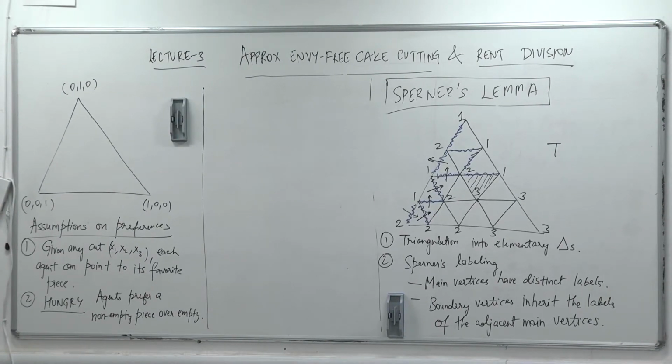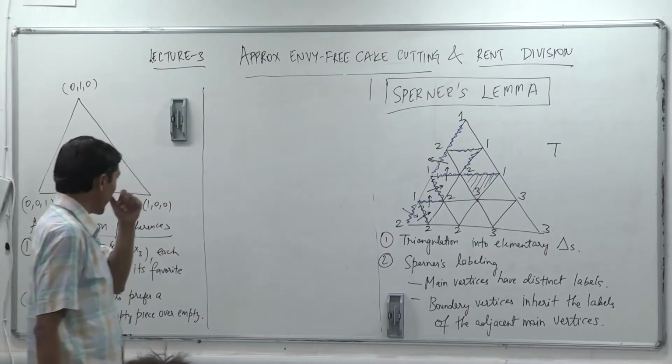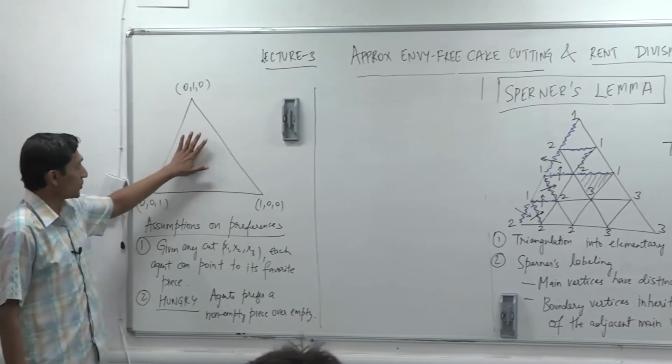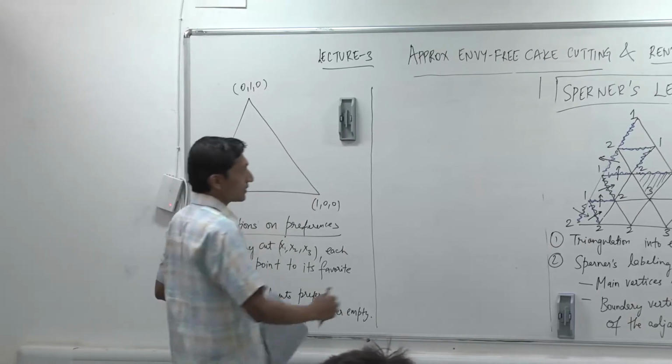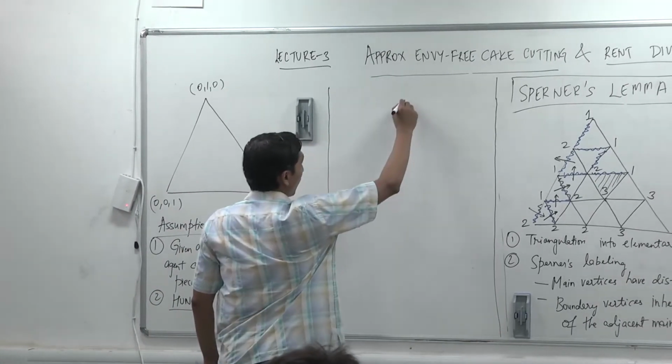So now that we have a triangle and we are experts on Sperner's lemma, we are going to try to invoke Sperner's lemma somehow. For that we need an intermediate setup. So I'm going to keep this figure here and copy it because I need a reference labeling.